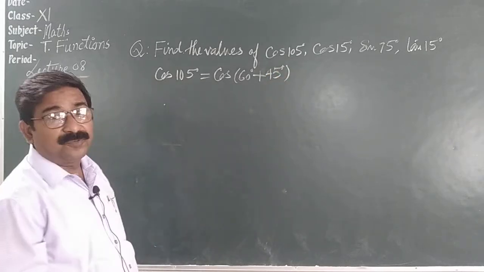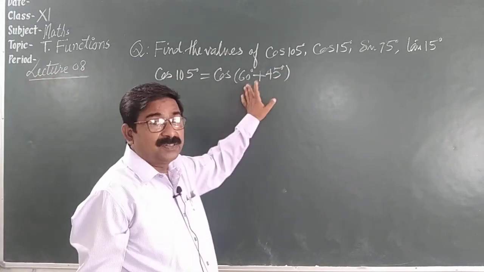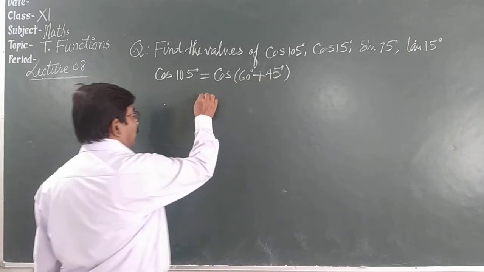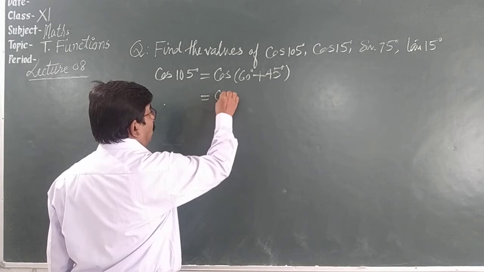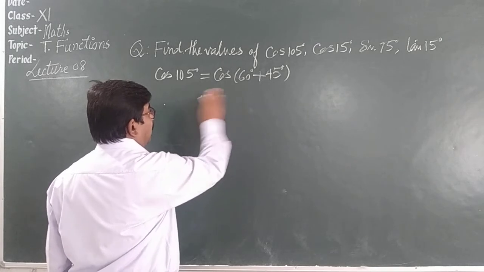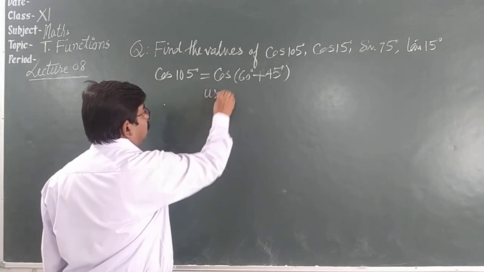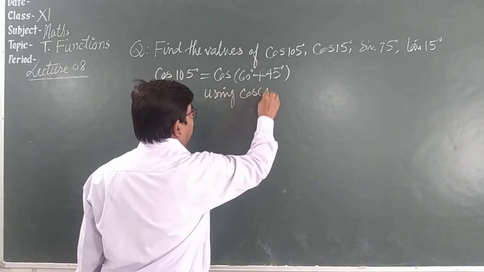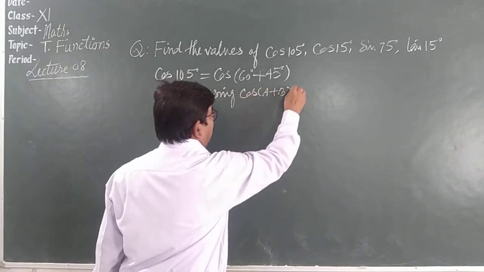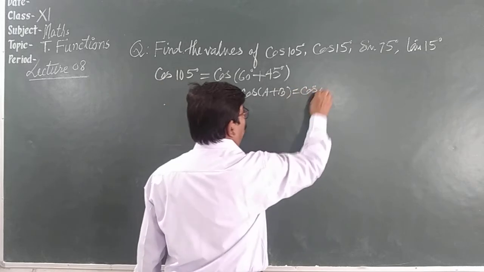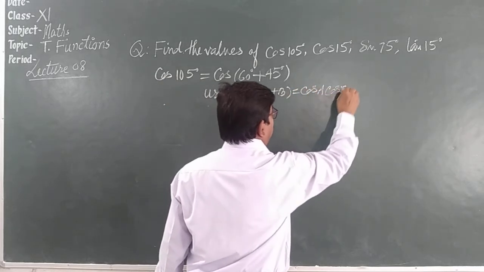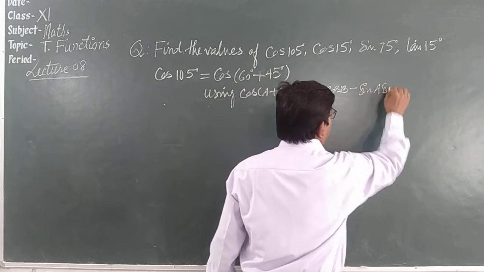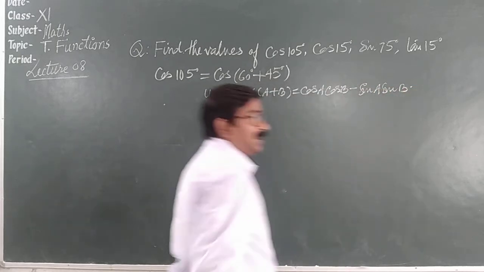Now this is the formula of cos A plus B, two angles. So can we break this? First I am writing here, using cos(A plus B) is equal to cos A cos B minus sin A sin B. This is the identity.